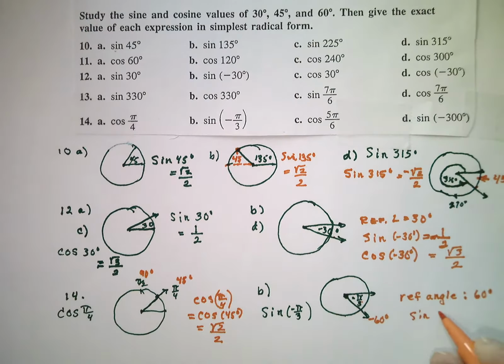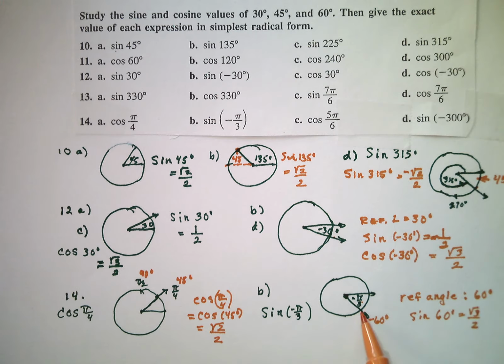The sine of 60 degrees is the square root of 3 divided by 2. At this point, is the sine value going to be positive or negative? We are down below the origin, so the sine of negative pi over 3 is going to be the opposite of the square root of 3 divided by 2.